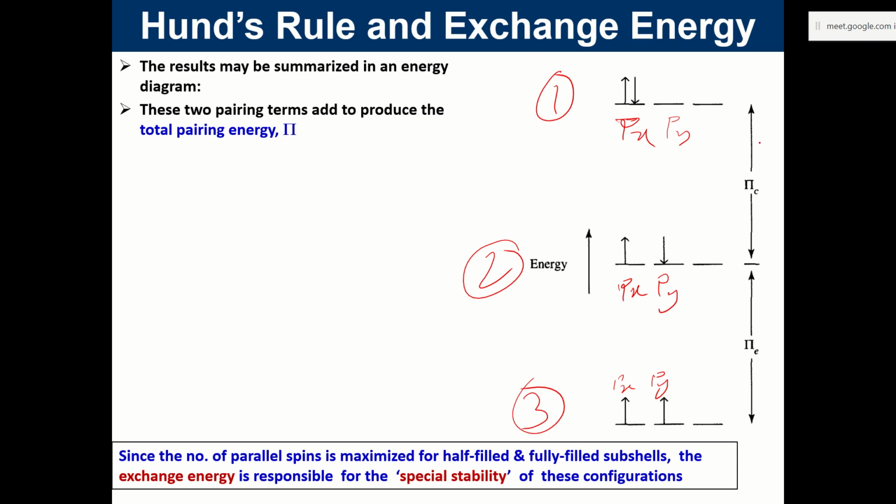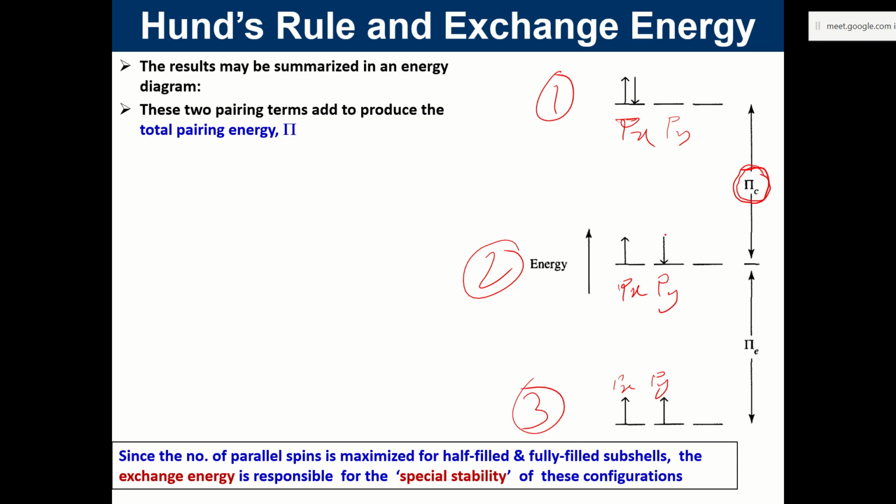What you are seeing here is the Coulombic. Between this and this, the difference is that of repulsion. Here the two electrons occupy the same orbital, that is the same area around the nucleus, and so there is repulsion, and that repulsion is given by pi c.